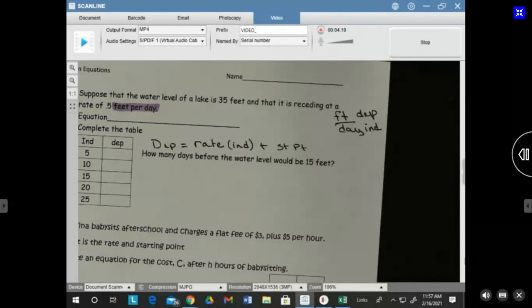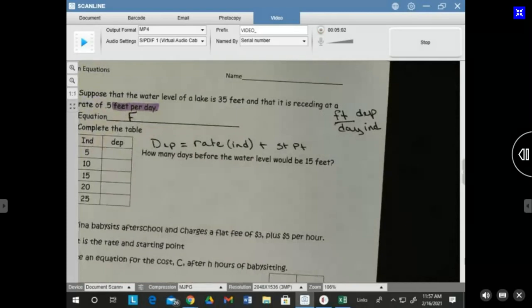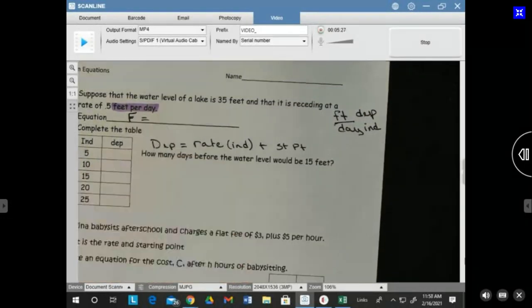All right, so what is my equation going to start out with? What's my dependent variable? Starting point. Yes, ma'am. So the feet, the water level measured in feet. The feet are going to equal 0.5.